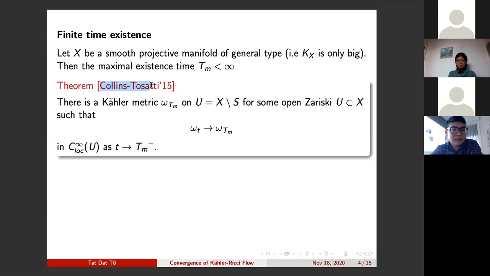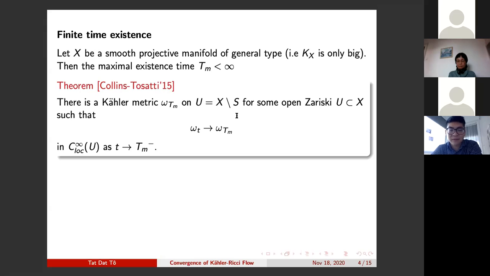So there is a result of Collins and Tosatti. They show that there exists a Kähler metric on an open Zariski set of X such that the Kähler-Ricci flow will converge to this metric on this open Zariski set in the C infinity local sense when t approaches the finite existence time. Okay, so that means the flow will develop some singularity as t approaches the maximal existence time outside the open Zariski set.